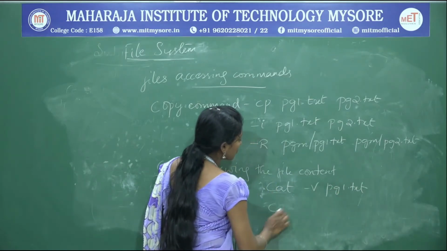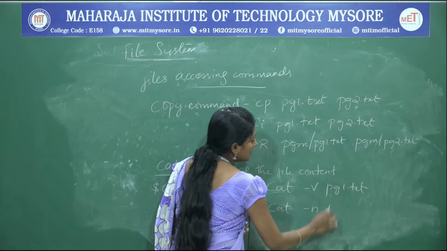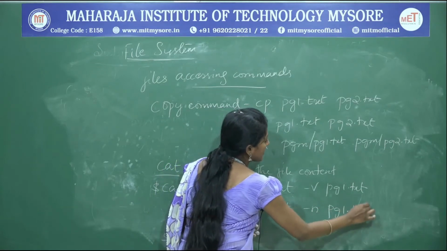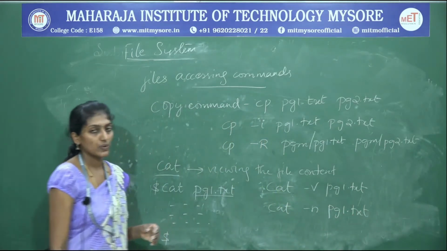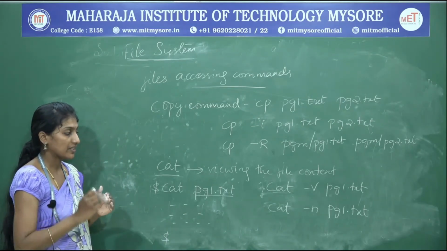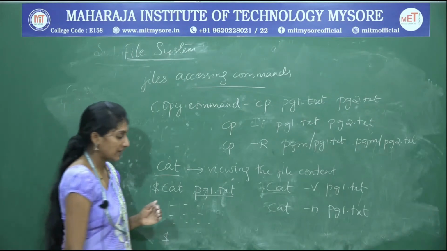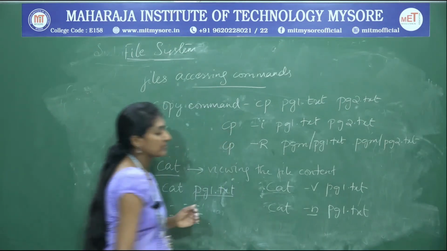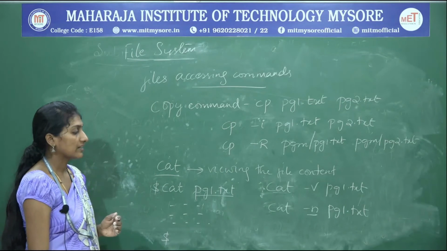pg1.text. And if the user wants to display line numbers for each and every line within that pg1.text file, you can use the -n option for the cat command.